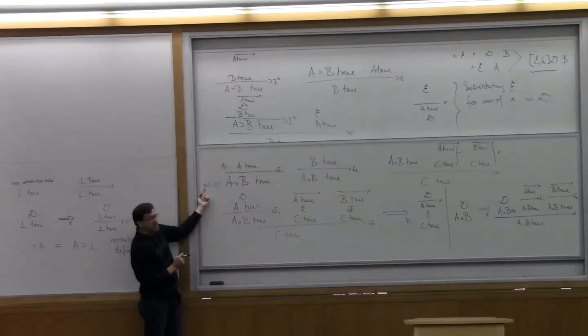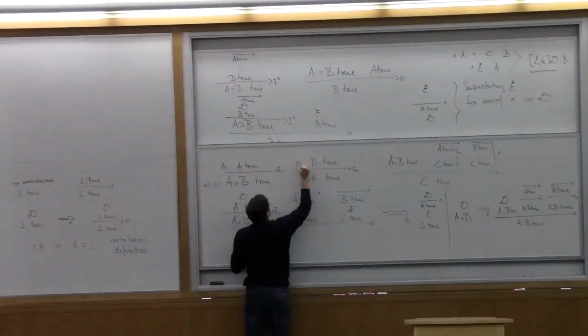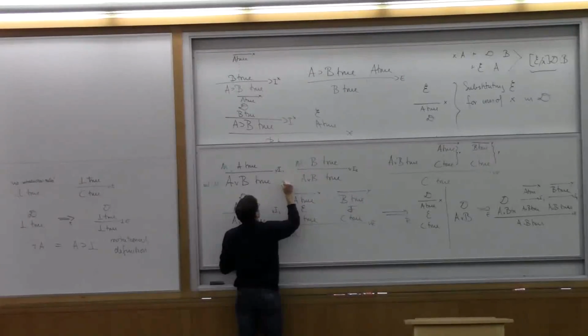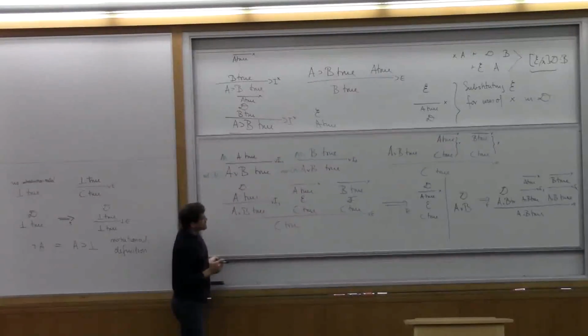And this is INL for injection on the left of M has type A or B. And if M is of type B, then this is injection on the right of M has type A or B.